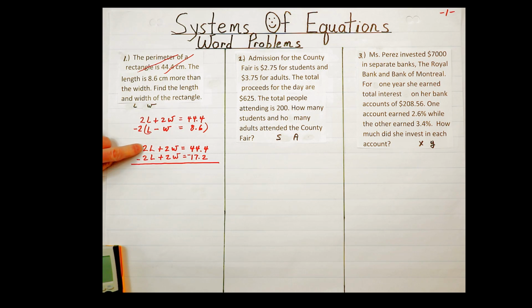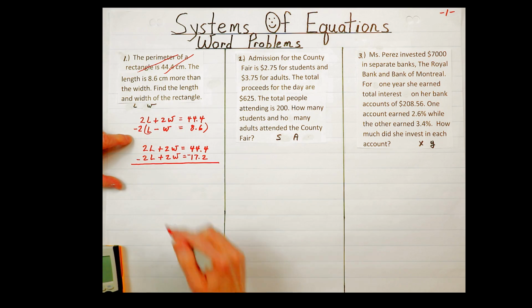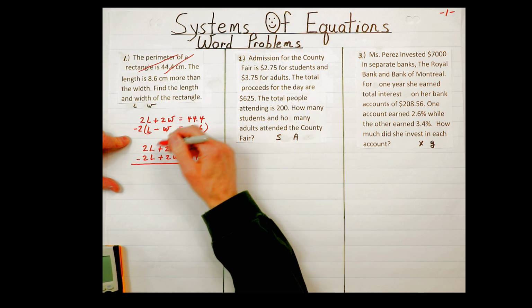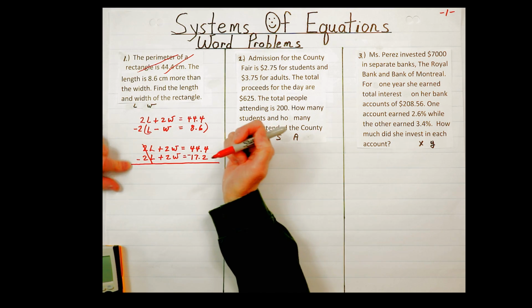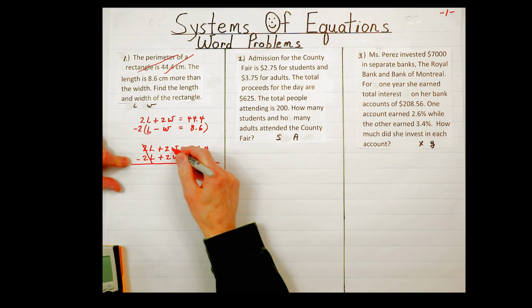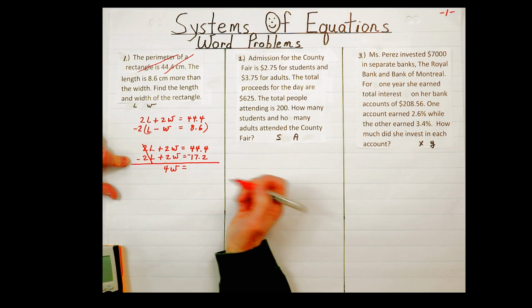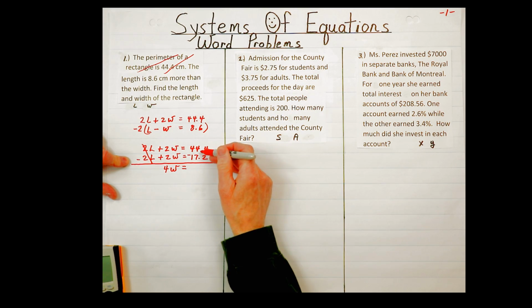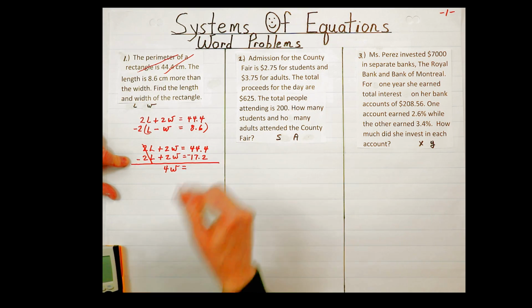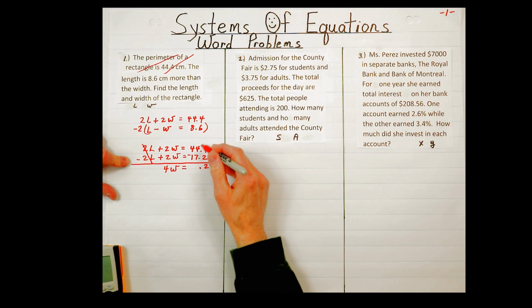Now, the L's cancel out. You have a 2L on the top and a -2L underneath. Now for the W's, we get 2W plus 2W is 4W equals 44.4, take away 17.2.